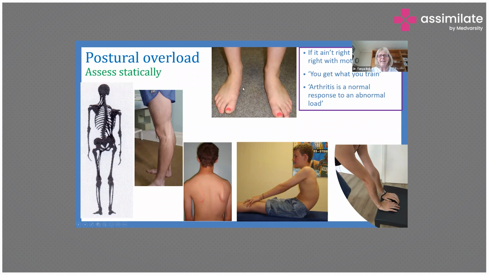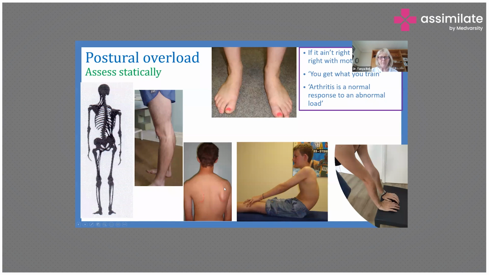So if we have a look at some of these, this lady is very hypermobile and very flat in the foot with collapsing of her medial longitudinal arch. And this type of foot pronation affects the whole chain coming all the way up into the hips and the spine. This chap has a severe scoliosis, and so that's changed his scapular position.